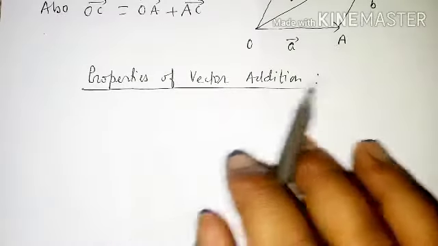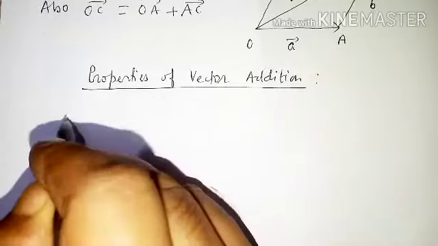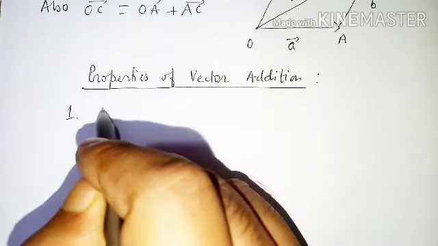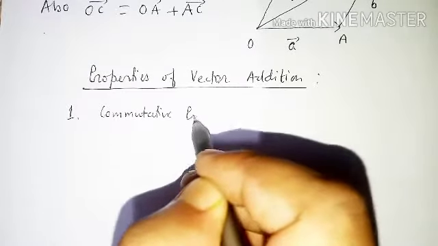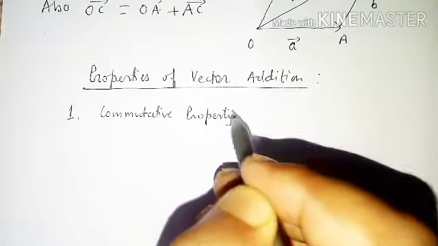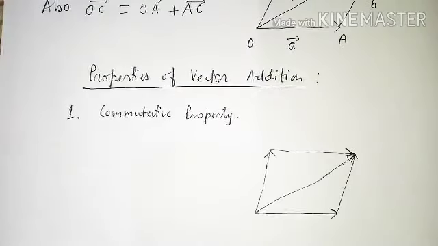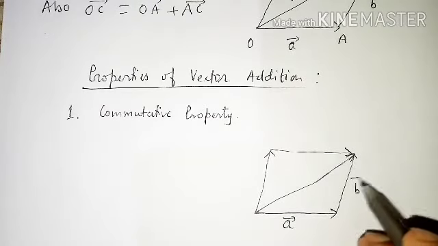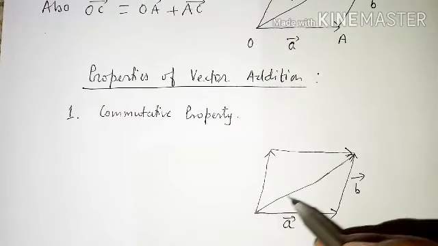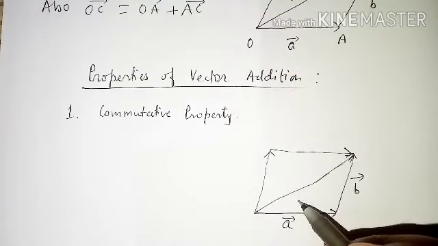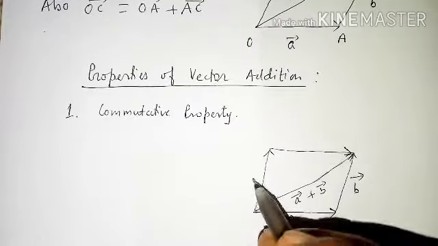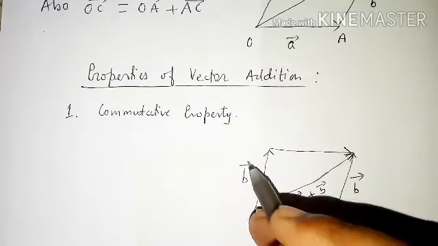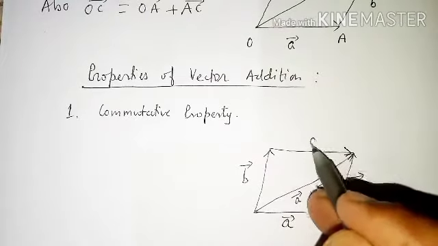Now properties of vector addition. First, commutative property. This is vector a and this is vector b. So we have this vector as vector a plus vector b. Here this one is vector b and this one is vector a.